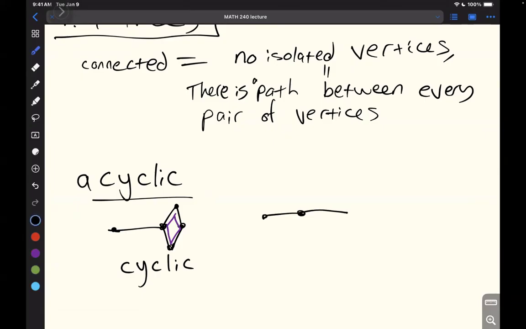Let's consider this graph. Is there a cycle in that graph? In fact, there is not.